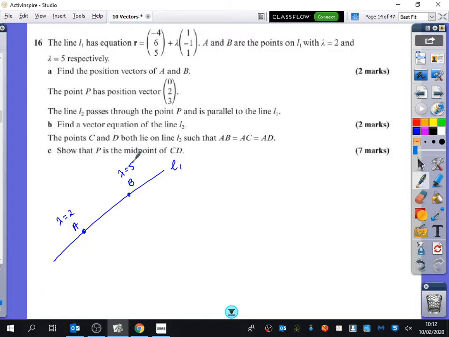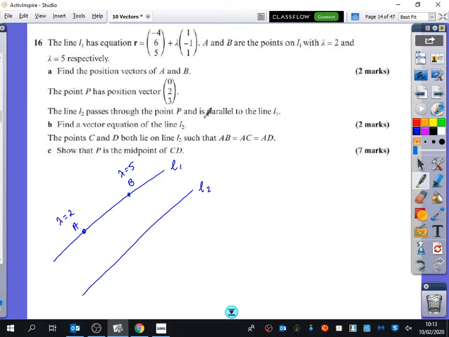It then says that point P has a position vector, and line L2 passes through the point P and is parallel to L1. So I've now got that there's another line that's parallel to it. I know how to write that line because I know about position vectors and direction vectors and how you make a line. But I'm not going to put P on it just yet, and you might see why in just a moment. So you'll easily be able to come up with part B.